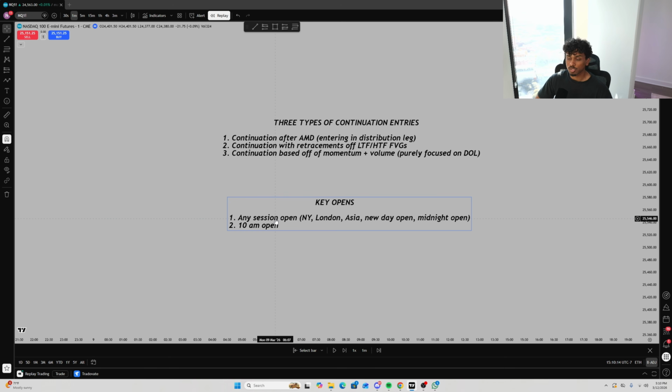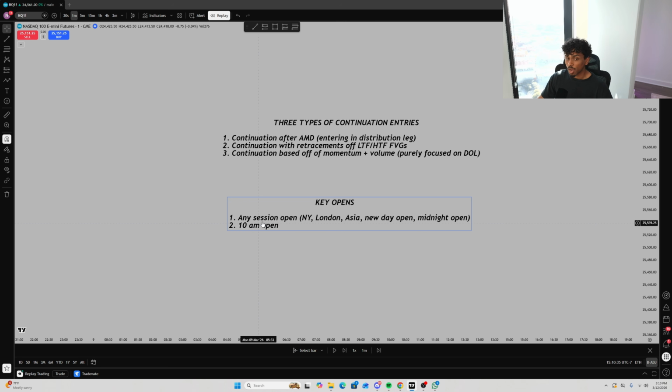Again, paired with higher time frame draws on liquidity that we've talked about, session highs, session lows, swing highs, swing lows, higher time frame unfilled fair value gaps, we are now able to align this with our 10 a.m. opening candle, opening price, and the 4-hour candle, where it wants to specifically go based off of previous structure.